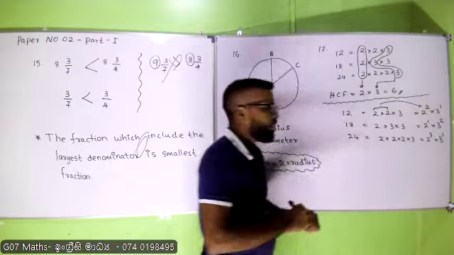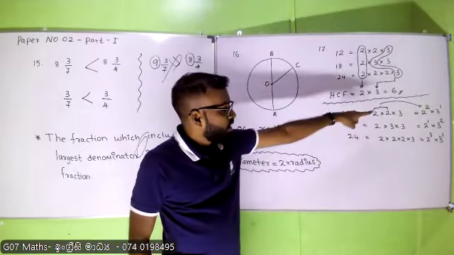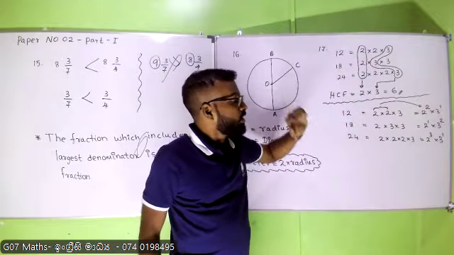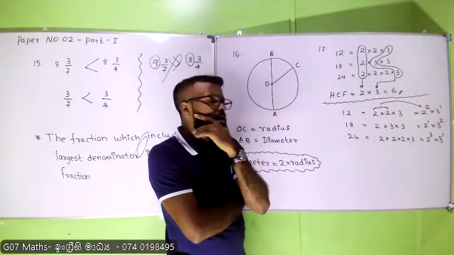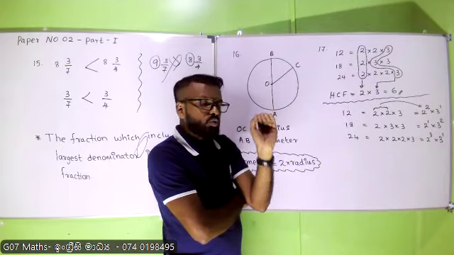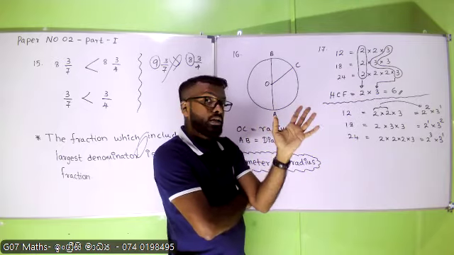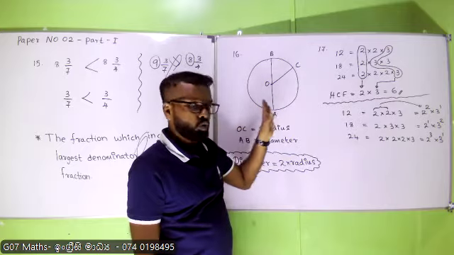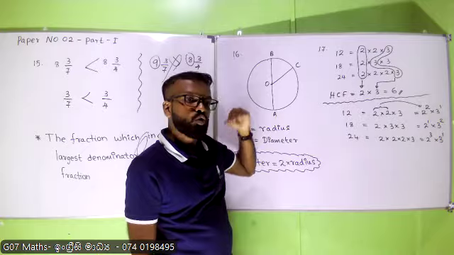Alright. Now what do I see? Here we have powers of 2: 2 to the power 2, 2 to the power 1, 2 to the power 3. Among these, what is the highest power? 2 to the power 2, or 2 to the power 1, or 2 to the power 3?